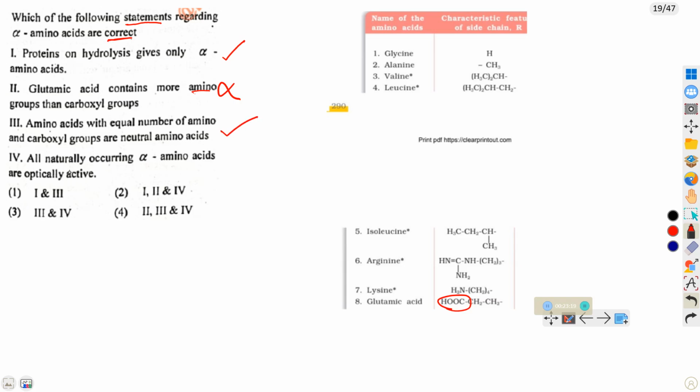Correct. All naturally occurring alpha amino acids are optically active. Wrong. Glycine is optically inactive. So 1 and 3. First option is correct.